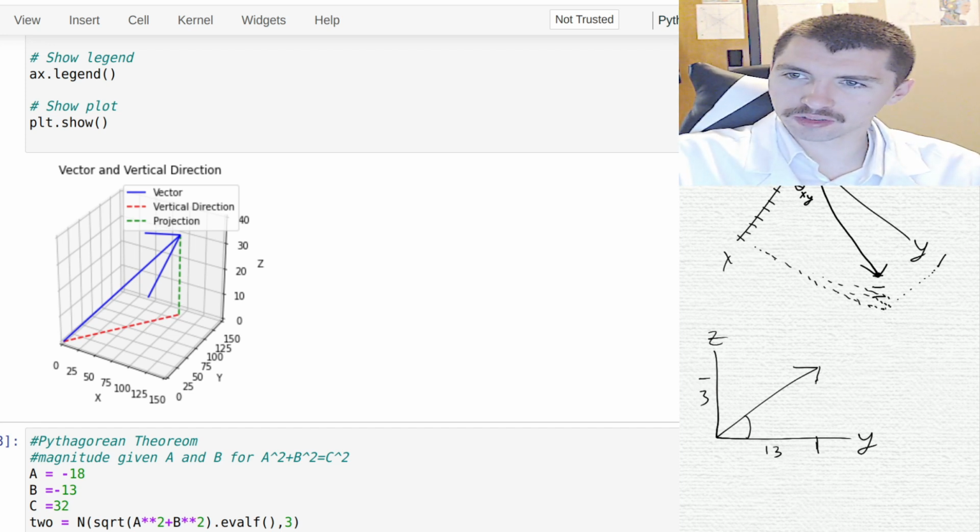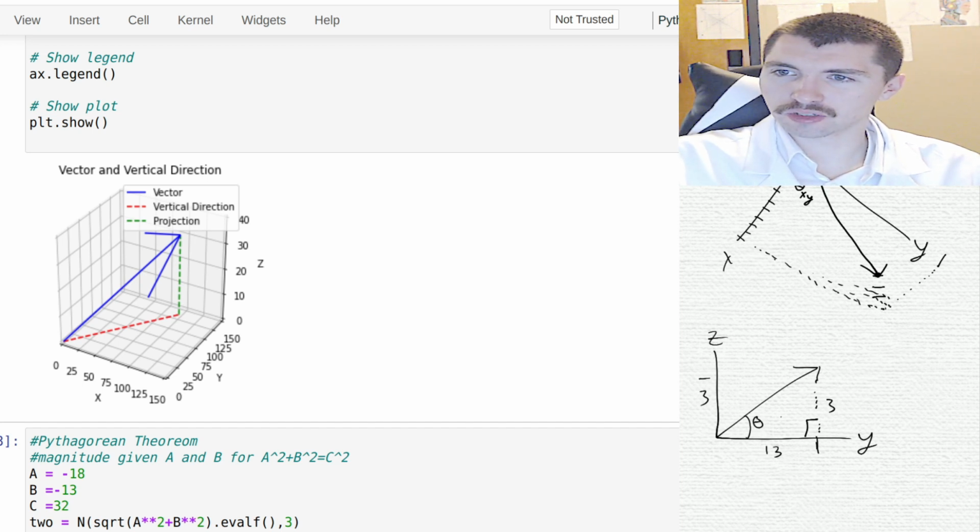So we drop this. This makes a right triangle. Okay, so now this 3 is our opposite, so 3 over 13.